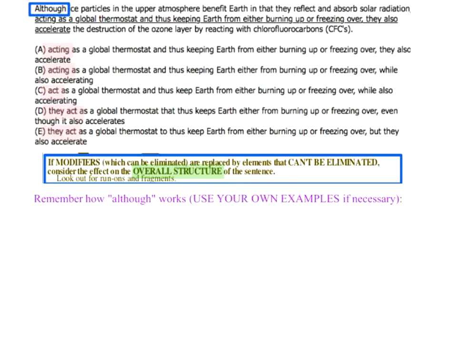Like if you said something like, "Although I left home early, I still got to work late." So notice how this functions, right? This part alone would be a sentence, and this part here would be another sentence. So you've got two things that are individually complete sentences, and that's what "although" links. So this would be a complete sentence by itself, and this would also be a complete sentence.